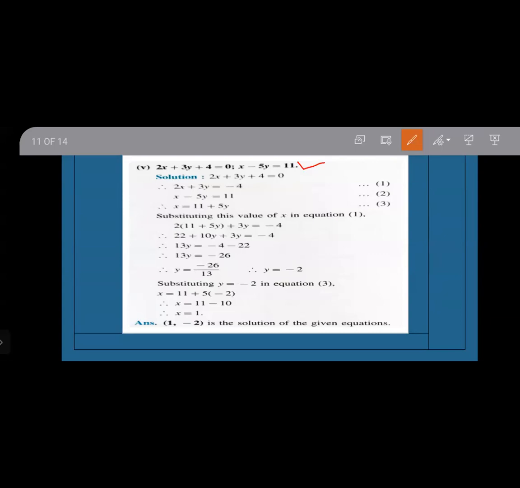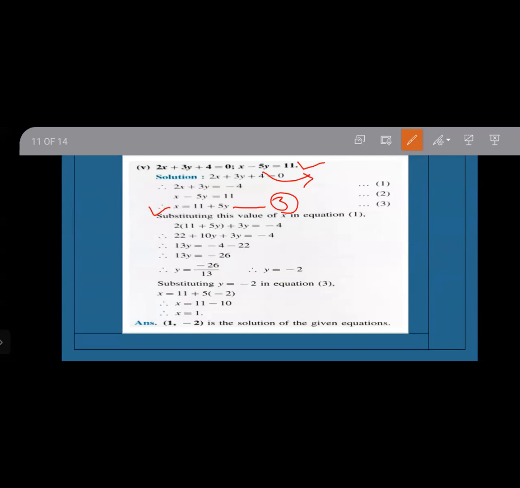So x minus 5y equals 11, that is x is equal to 11 minus 5y, it will become plus 5y. That is equation number 3. Now this third equation you will substitute only and only in equation 1.